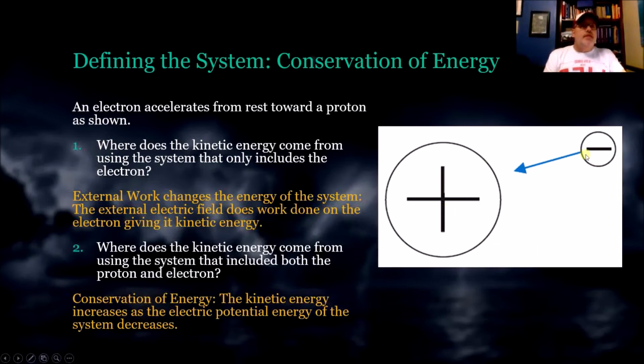Well, then that force is now an internal force, because remember Newton's third law. There'll be a force inward on the electron and a force outward on the proton. That's an internal force in the system. So in that case, when we include them both in the system, then the kinetic energy of the electron comes from the loss in potential energy of the system. So make sure you understand what we just went through.